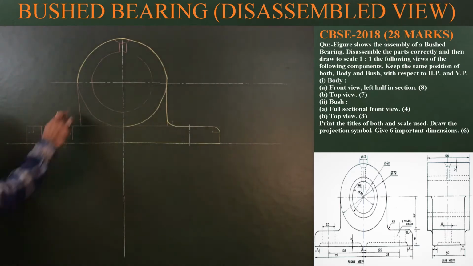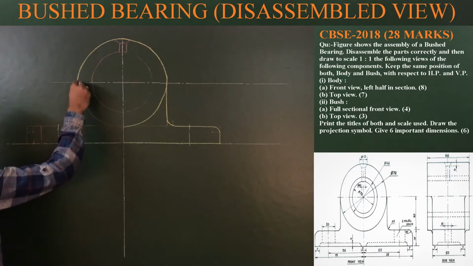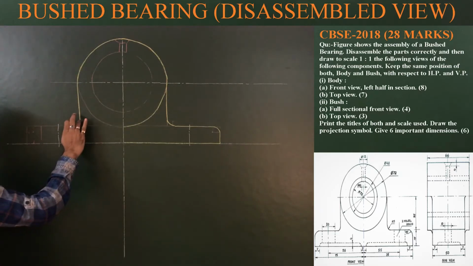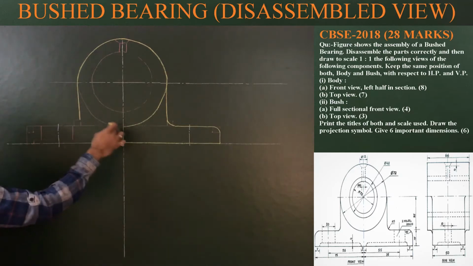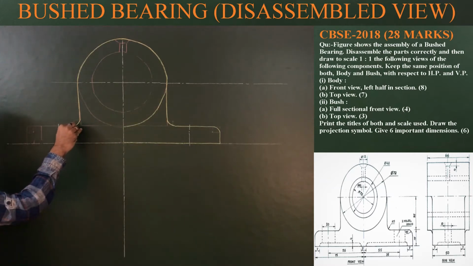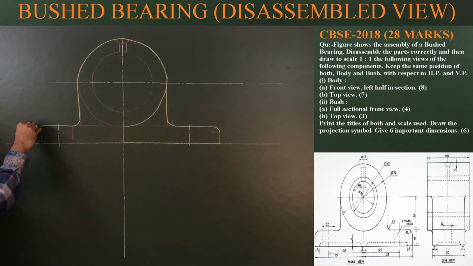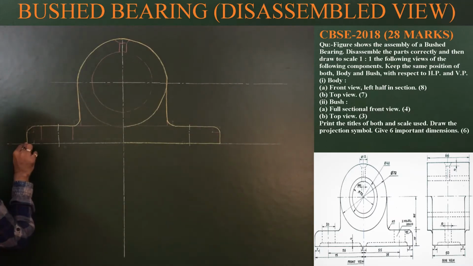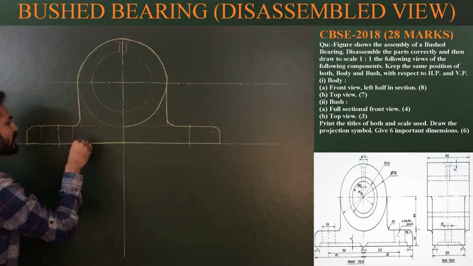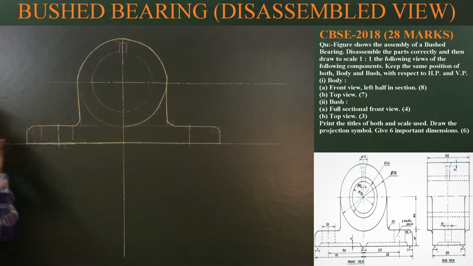So don't draw a dark visible line or curve for this part. Extend it, and then from this point to this point again a fillet of radius 5, extend it, again fillet using this center, extend it, and then the bottom line of the base.